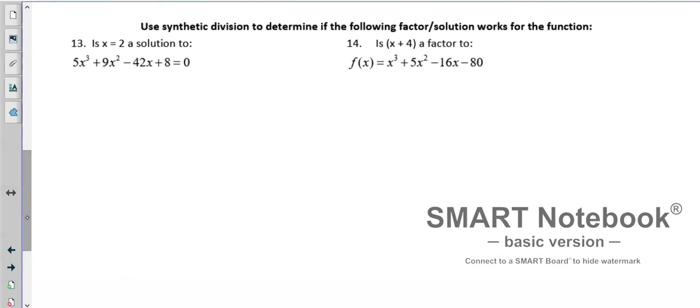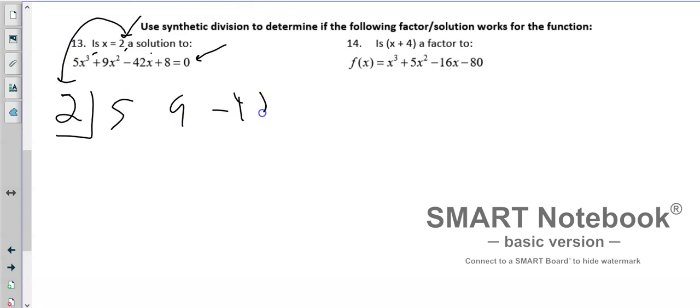Use synthetic division to see if it's a factor. Now, once again, you could do this in the calculator, plug in 2, and see if you get a 0 or a non-zero number, just to make sure you do your synthetic division right. So I have a 3, a 2, a 1, and none, so there's no zeros. My number in the box is 2, so I'm telling you it's 2. 5, 9, negative 42, and 8.